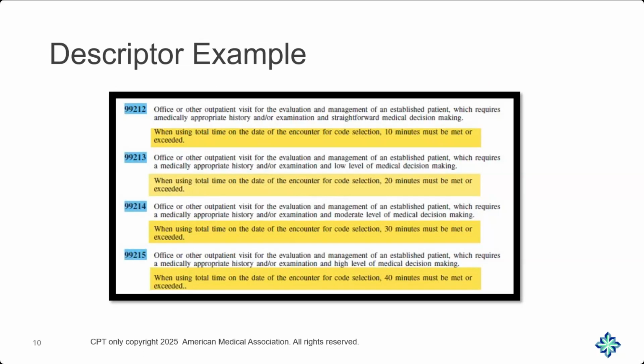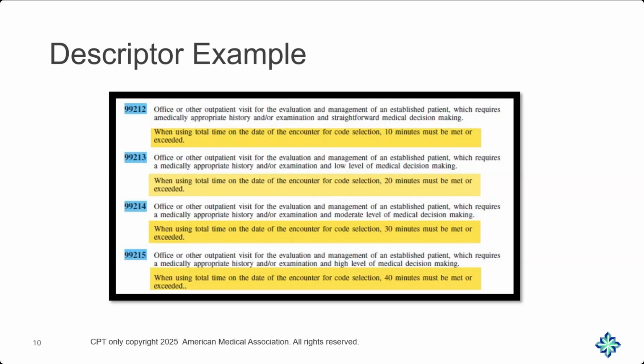So for instance, let's look at 99215. This is the level of service that you would use when 40 minutes is met or exceeded. Now stepping down to the 99214, that has 30 minutes must be met or exceeded. So that would mean if you have 35 minutes, you are still billing 99214, not 99215, because while you've exceeded the 30 minutes, you haven't met the 40 minutes that you must meet to bill that 99215.